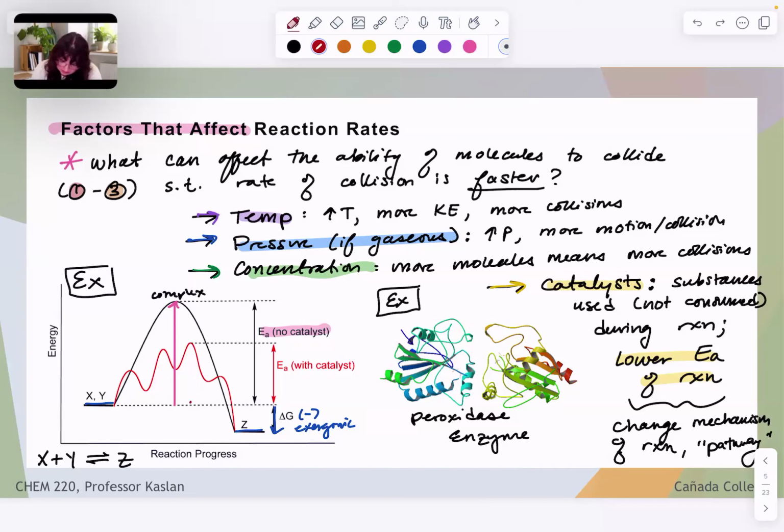So here, this is now the activation energy with the catalyst. So it is less than the original. This would be our new reaction complex, which would include the catalyst.